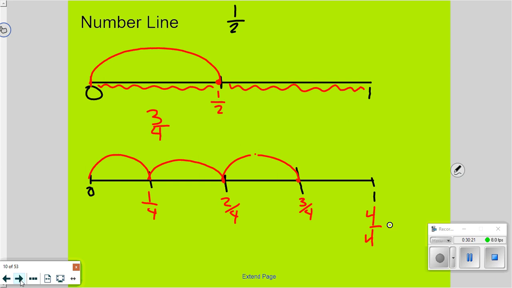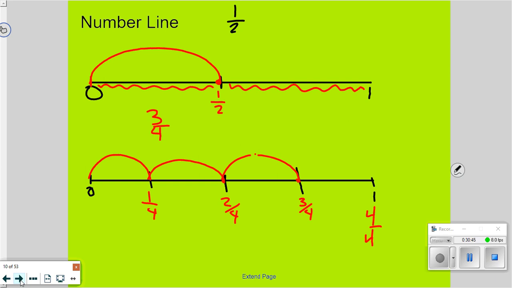Is 4/4 the same thing as 1? Those do not look the same. 4/4 sounds like a whole lot more words than just saying 1. But it's the same value. Is it the same thing? No, not the same thing.